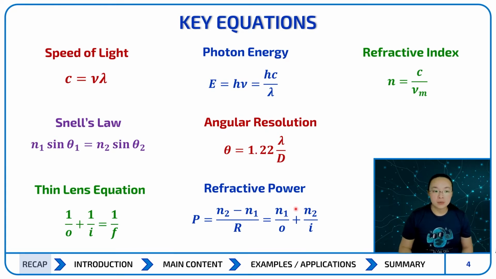So those are the key equations. In red, I have angular resolution here as a typical equation we would use to determine just the minimal distance that you can tell apart, but we will not be testing on that for this course.